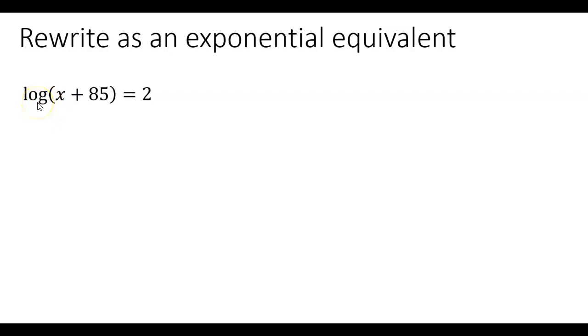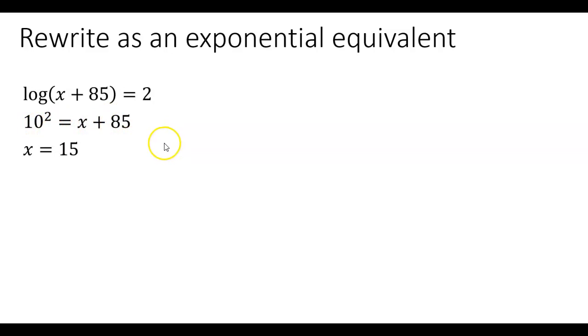And then as we learned to go from logarithmic to exponential form, we can take that base, raise it to the power that's equal to the other side of the equality, and set that equal to the argument. So 10 raised to the second power is going to be equal to x plus 85. So 10 squared is equal to x plus 85.